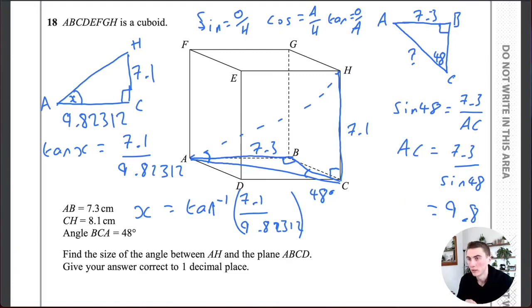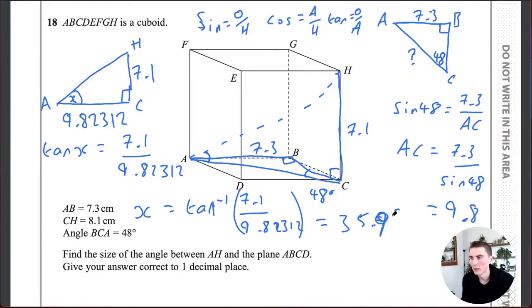So that should, sorry, I've just realized that for this entire question, I've been using 7.1 rather than 8.1. My bad. If it was 7.1, then the answer here would be 35.9 degrees.